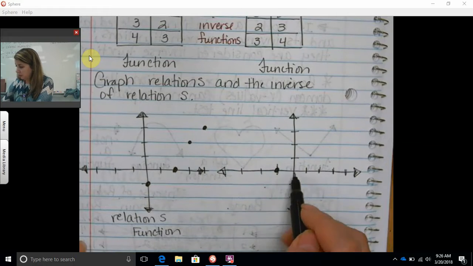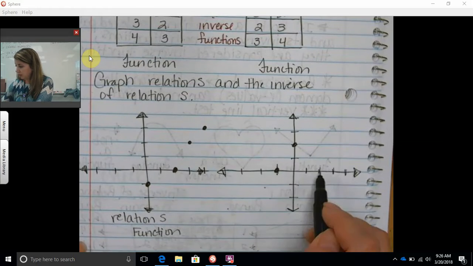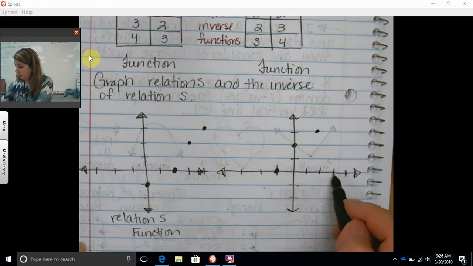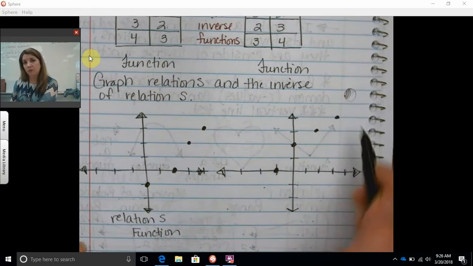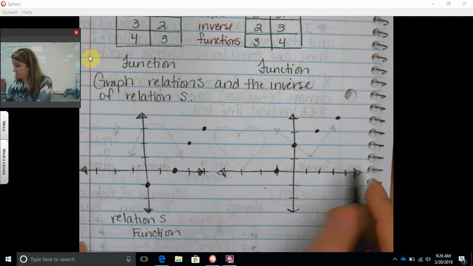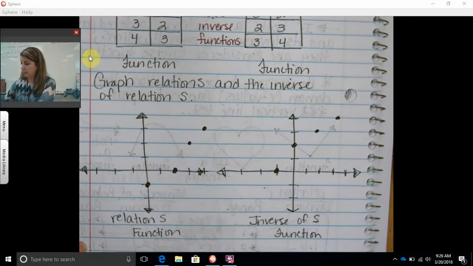When x is 0, y is 2. When x is 2, y is 3. And when x is 3, y is 4. Can you see graphically how that is also a function? Yeah, okay. Passes the vertical line test.